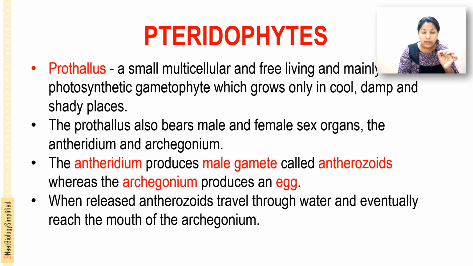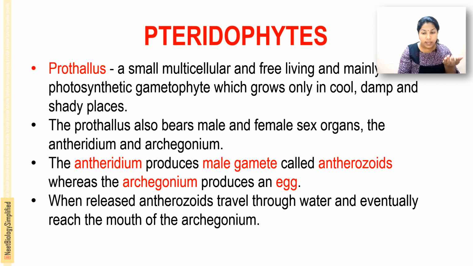The prothallus also bears the male and female sex organs, the antheridium and archegonium. The antheridium produces a male gamete called androzoids, whereas the archegonium produces the egg.